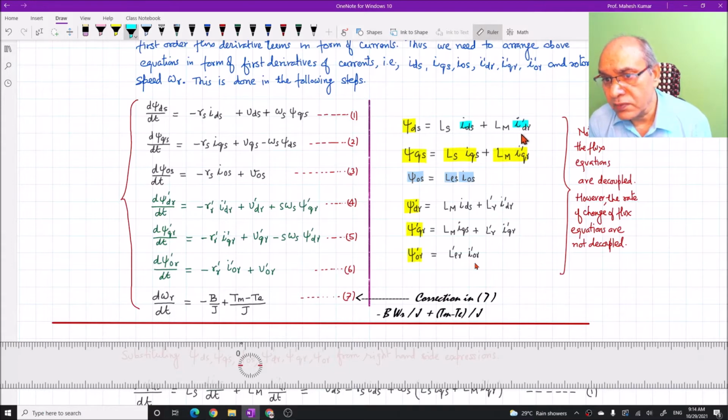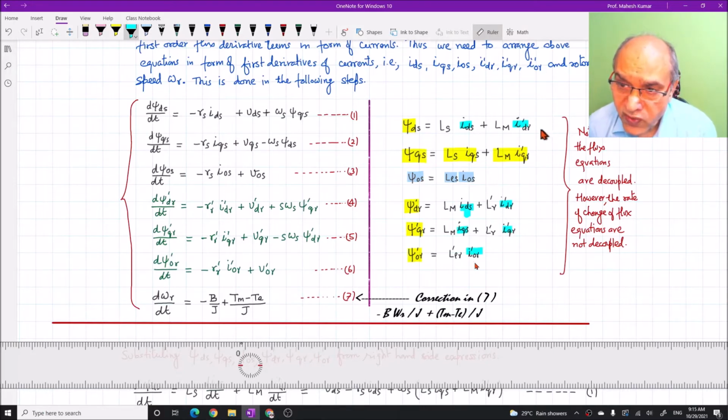There is no q term here, only ds and dr dash. Similarly, psi qs depends upon iqs and iqr dash, and psi 0s definitely depends upon i0s. The same is true for the flux linkages of the rotor: it depends upon ids, idr dash, iqs, iqr dash and i0r dash.